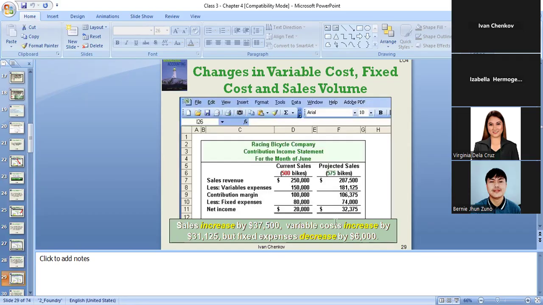Even though we're paying commission, because we reduce the fixed cost by 6,000, we're making our fixed salary employees work for sales commission, which is to their benefit. So they have more incentive to work. And because of that, they are increasing not only the money that they're getting, but also the operating income for the company.